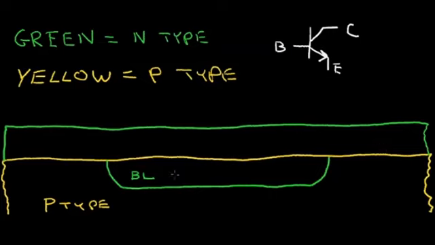The buried layer is highly doped, but the region grown on top is lightly doped. And with further processing steps, this buried layer will tend to diffuse up a little bit into this N region. So let me erase this part.